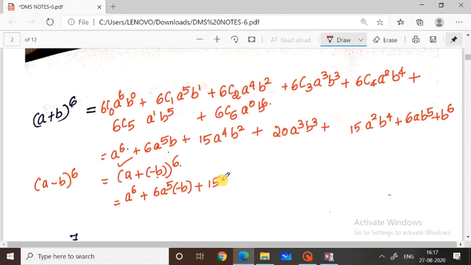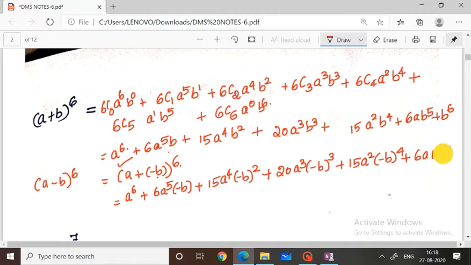plus 15 a raised to 4 into minus b the whole square plus 20 a cube into minus b the whole cube plus 15 a square into minus b the whole raised to 4 plus 6a into minus b the whole raised to 5 plus minus b the whole raised to 6.